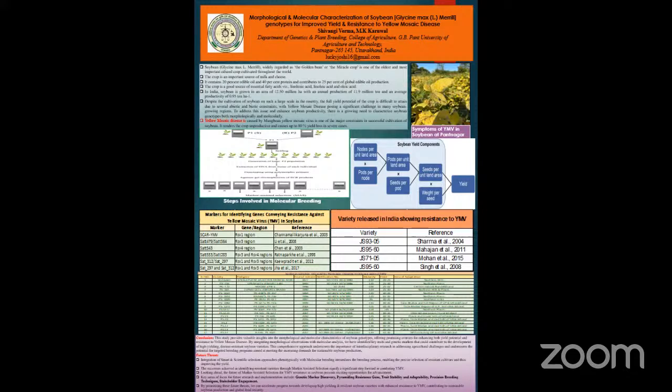Sir, in the case of yellow mosaic, it decreases the yield, with losses up to 80%, sir. Okay. So what are the common practices that farmers generally follow?